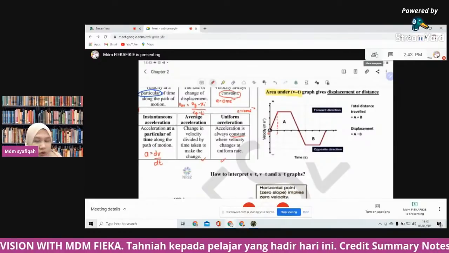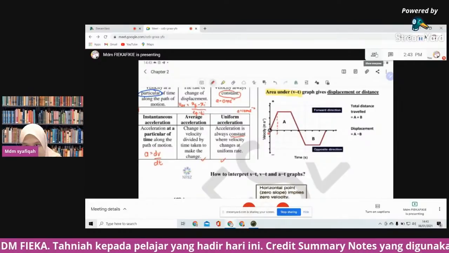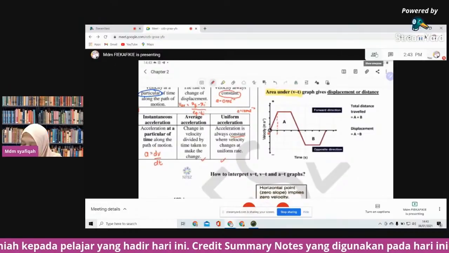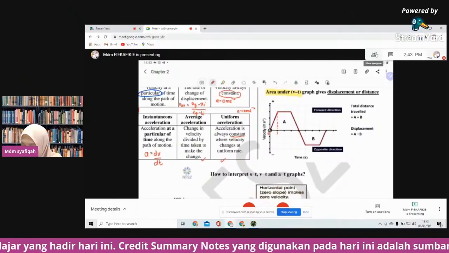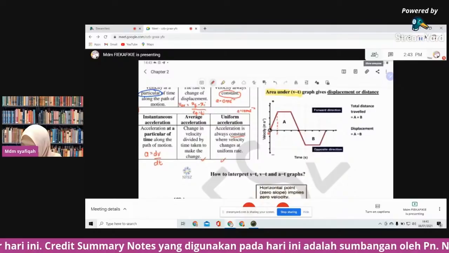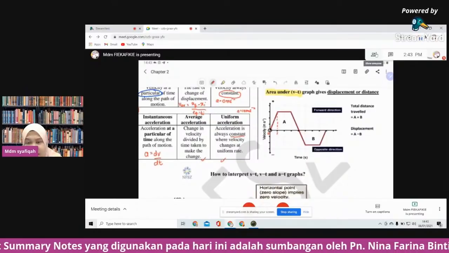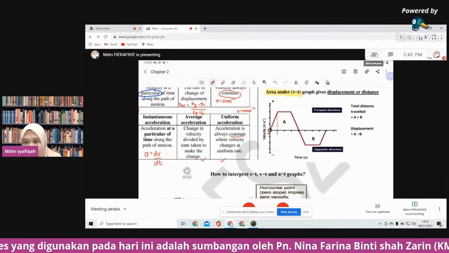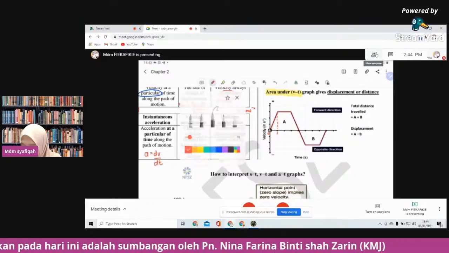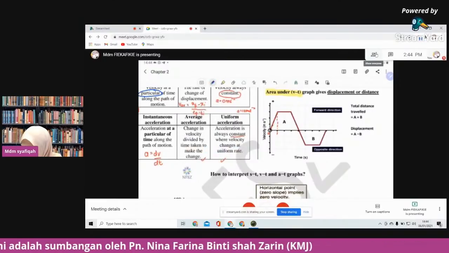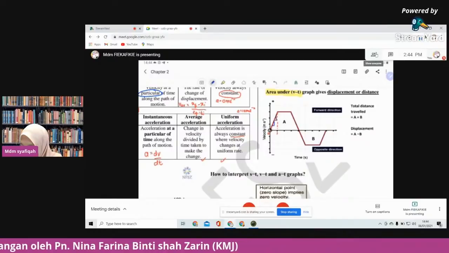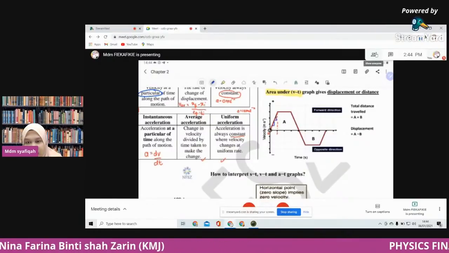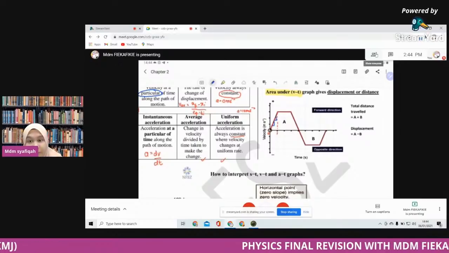So from 0 to 1 second, look here, from 0 to 1 second, what happened to the velocity? When we look here, what happened to the velocity? The velocity is not constant. What is constant is its gradient. Okay, the gradient is constant, yes. But what about the velocity? The velocity is increasing.